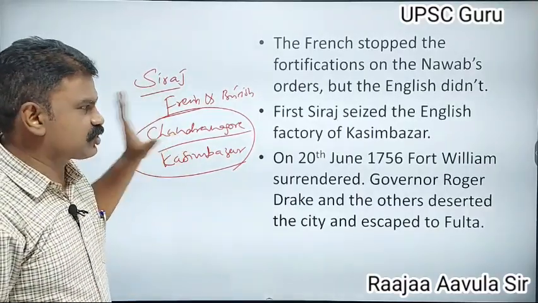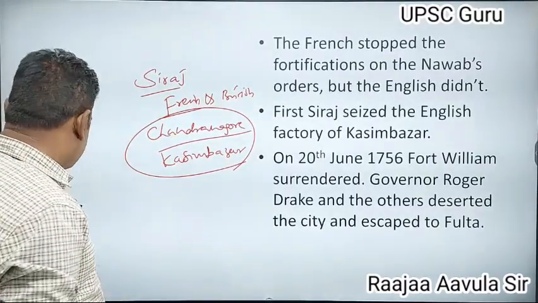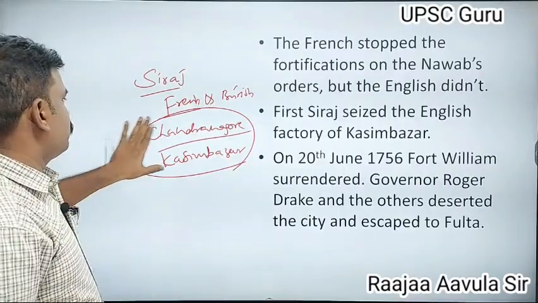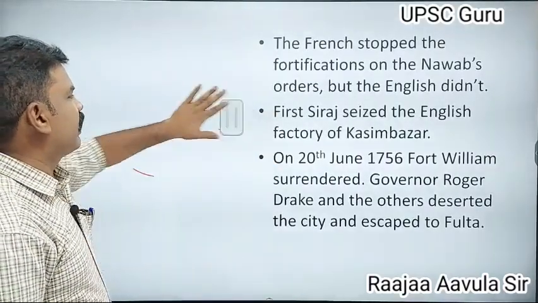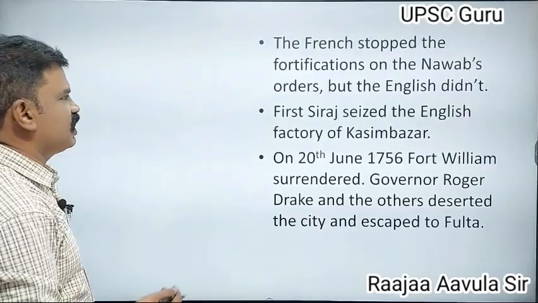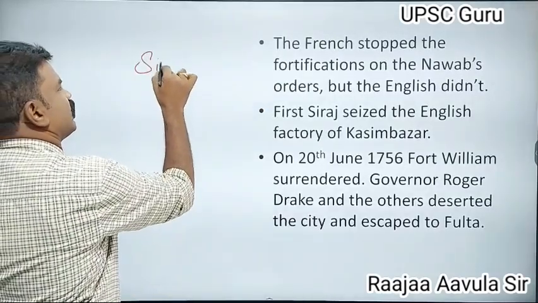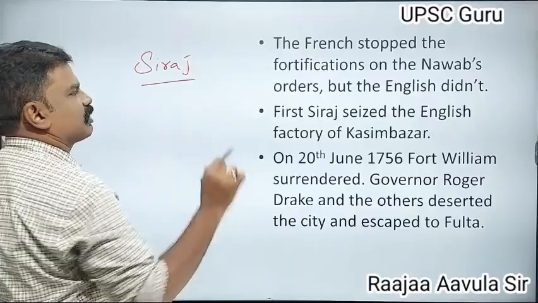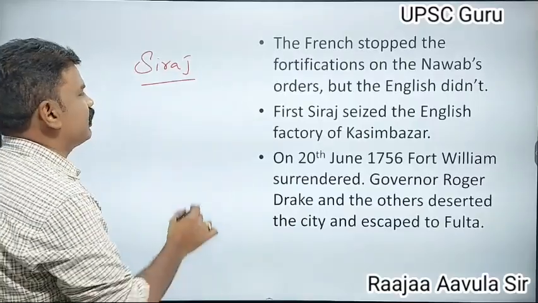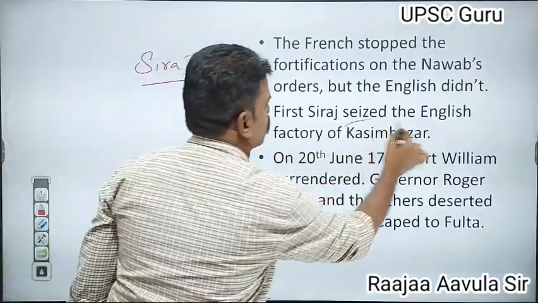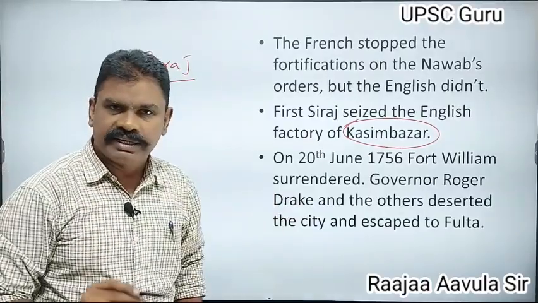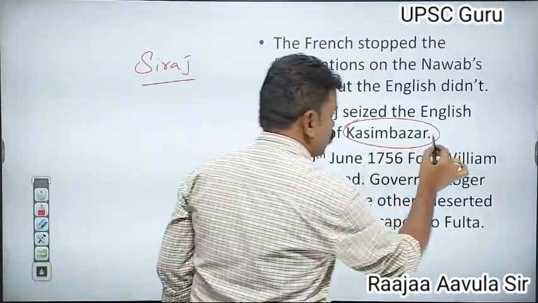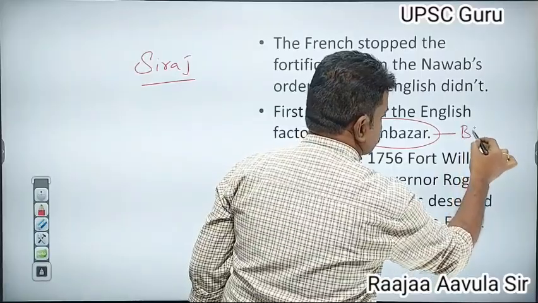Since the English did not stop, Siraj-ud-Dawla became a rival of the English, and he wanted to show his power towards the English East India Company. So he seized Qasim Bazar, which was the British East India Company trade center.